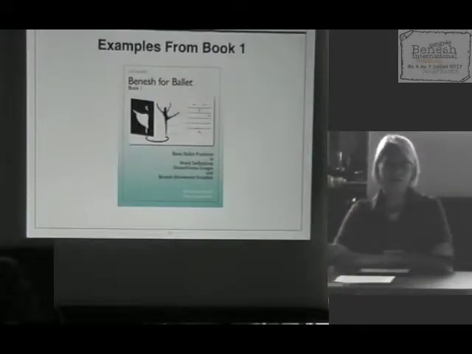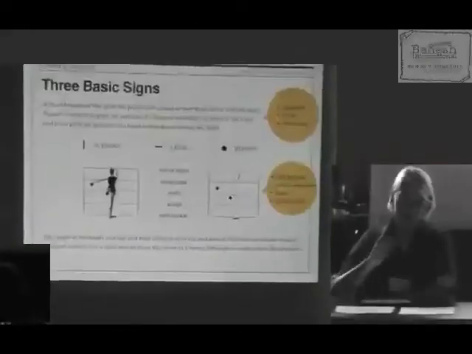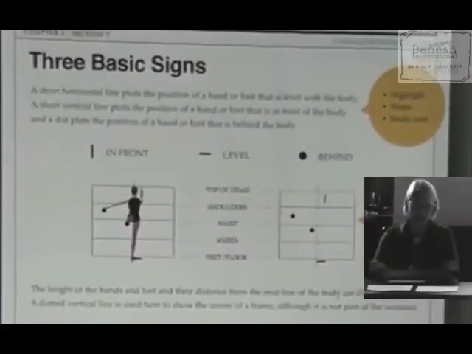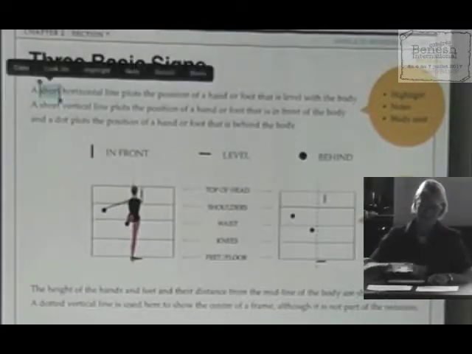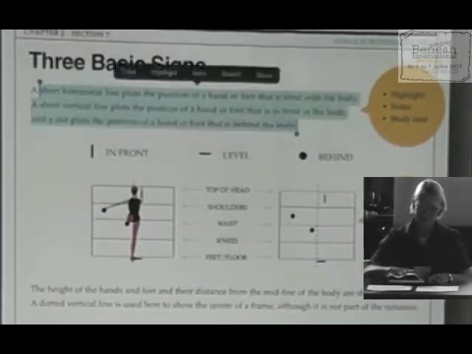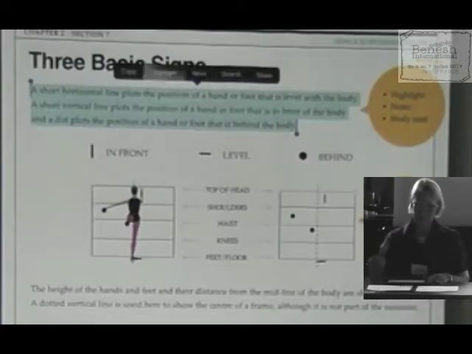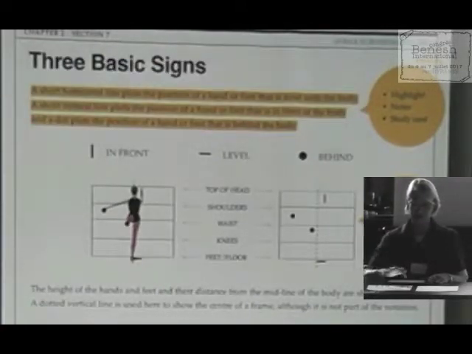So, to give you some examples from each of the books, as I said before, Book 1 introduces basic ballet positions. This one is a theory page, and it introduces the 3 basic signs. The interactive components of the book allow you to highlight text and make study notes.